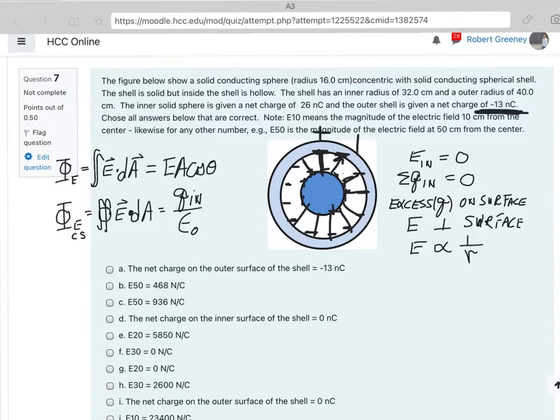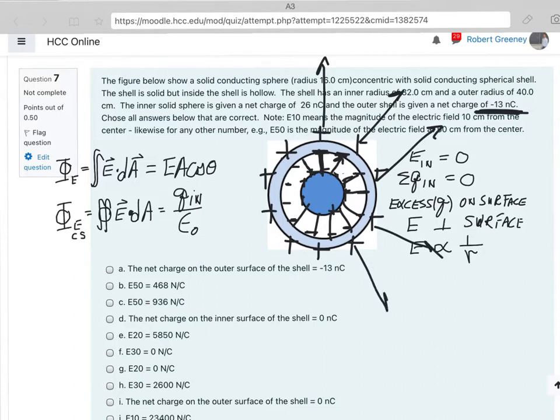That leaves 13 positive charges left over, and they can't stay inside the conductor. They have to go to the shell. So on the outside of the shell, I have 13 positive charges and 13 field lines going out.